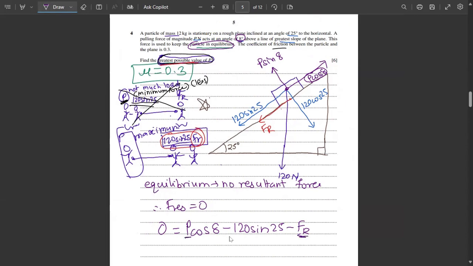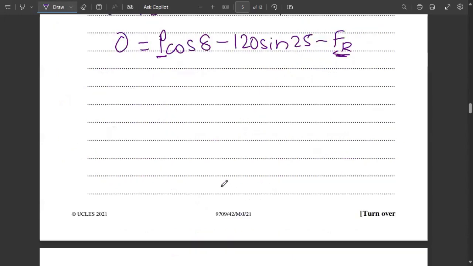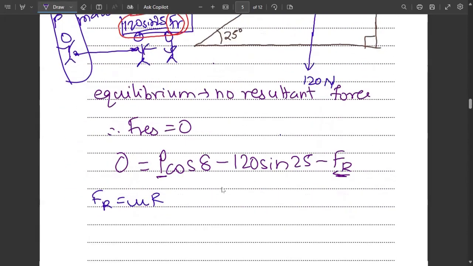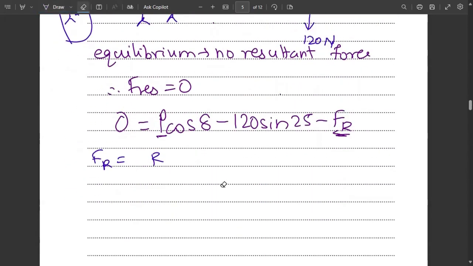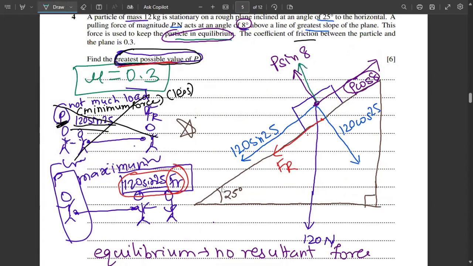Now there are two unknown variables, P and FR. But let me tell you that we can find FR. How? Very easy process. FR is equal to UR. We know the value of U, which is 0.3. Now how will we find R? This R is nothing but the contact force here.